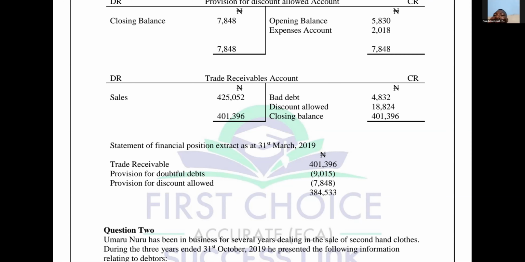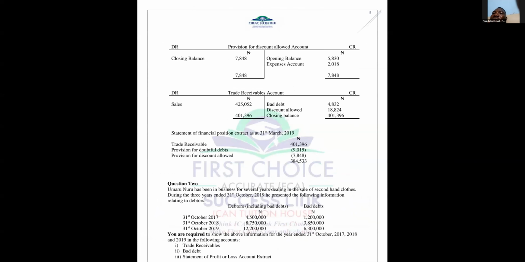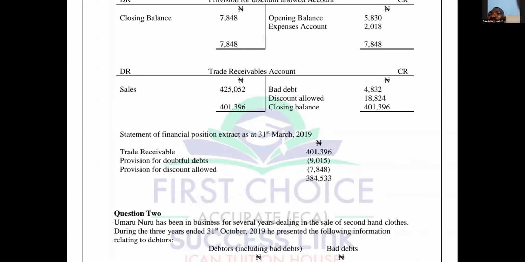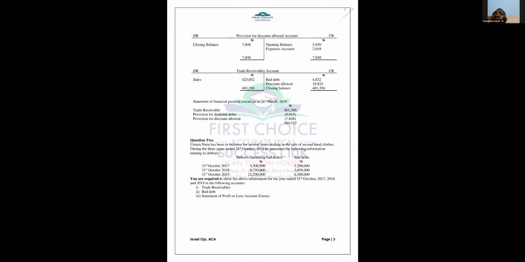Before we calculate 1% on it, we need to remove the specific allowance from it. So you can get your calculator. We need to remove all the specific allowance from it. I have my calculator here as well. Take 401,396.